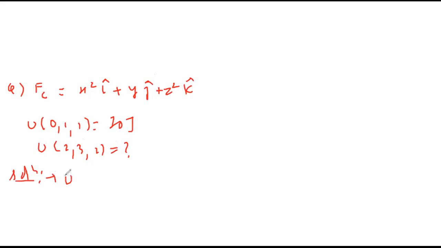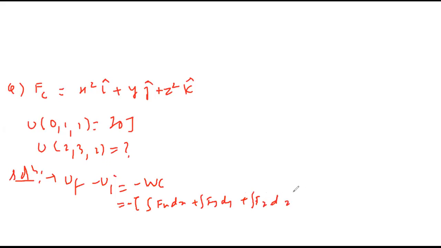U final minus U initial is minus of work done. So it will be minus of the integral of Fx dx plus Fy dy plus Fz dz. The x component is varying from 0 to 2, y is from 1 to 3, z is from 1 to 2.